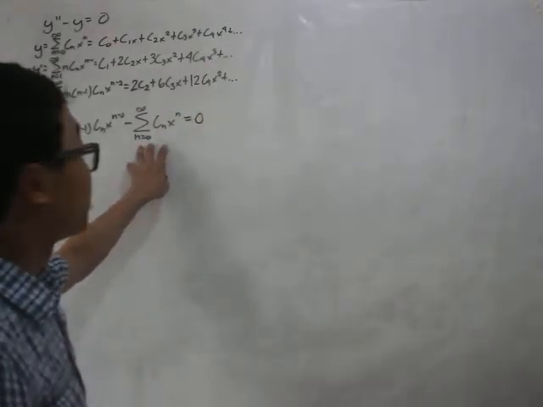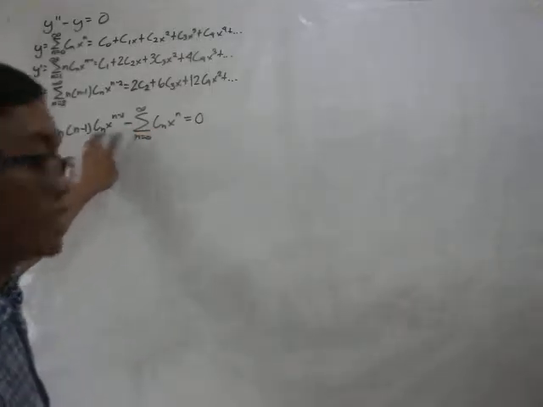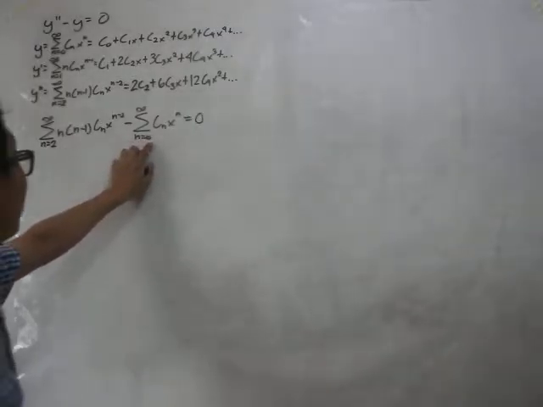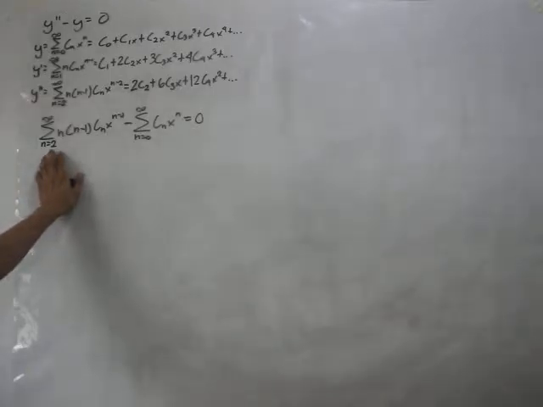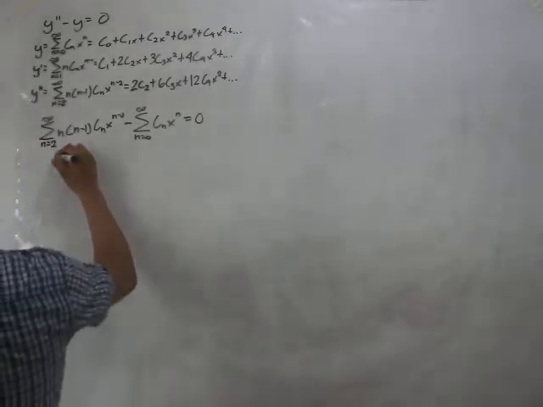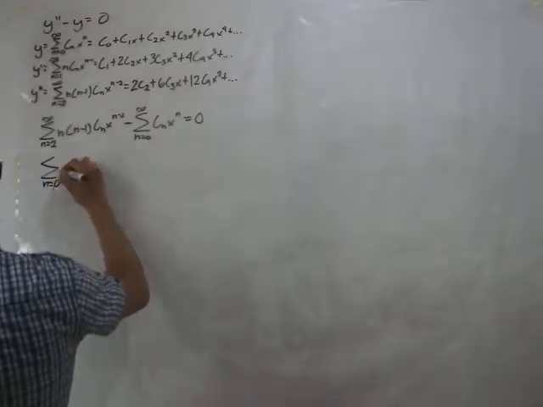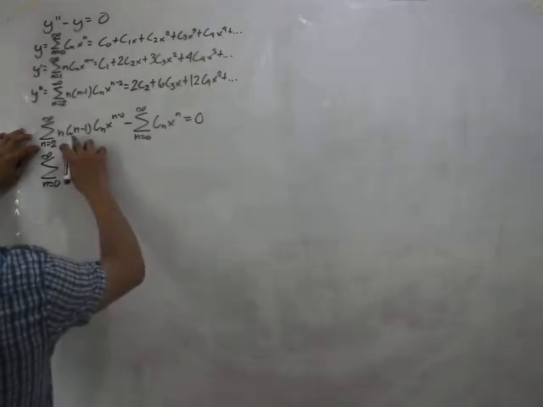So just like before, we need to balance this equation because their bases are not the same. So we need to subtract 2 here and remain this in order for this to become n equals 0. So when you subtract 2 here, we need to add 2 here.